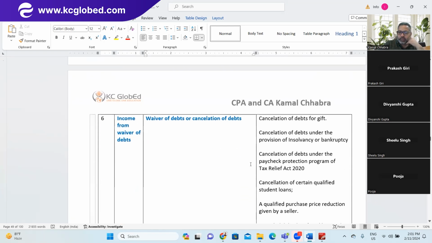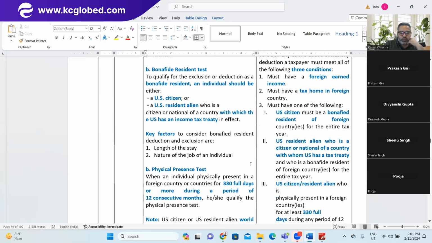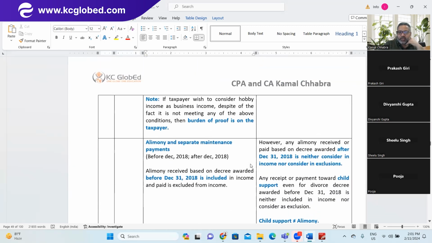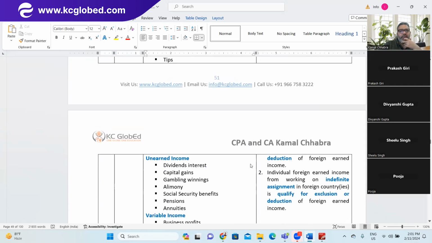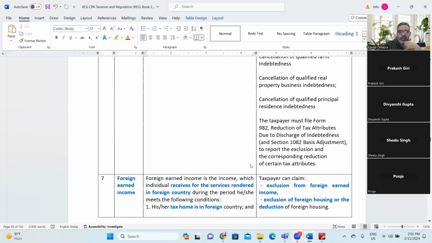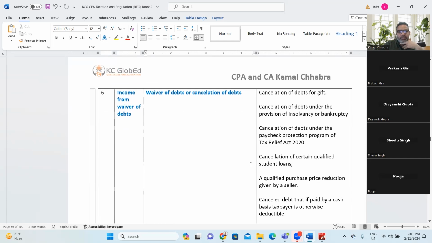Okay, so we have covered points 1, 2, 3. I think we have a lot in income, so maybe we can take a cutoff here for today's class. You all have these notes, so I would request you to go through the notes, and in the next class we'll continue from point number 6, which is income from waiver of debt.